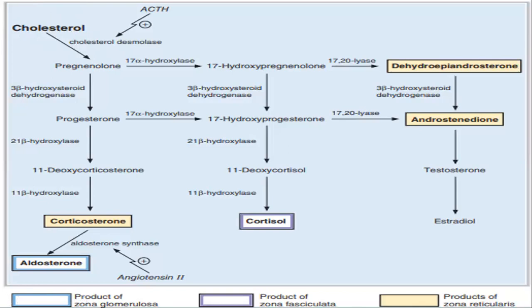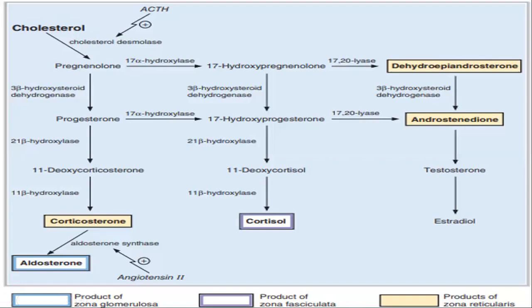In the inner mitochondrial membrane, the cholesterol can be converted into pregnenolone via the action of the enzyme cholesterol desmolase, or via cholesterol side cleavage. Now, action of your cholesterol desmolase on this parent molecule cholesterol is actually the rate limiting step of steroid hormone production.